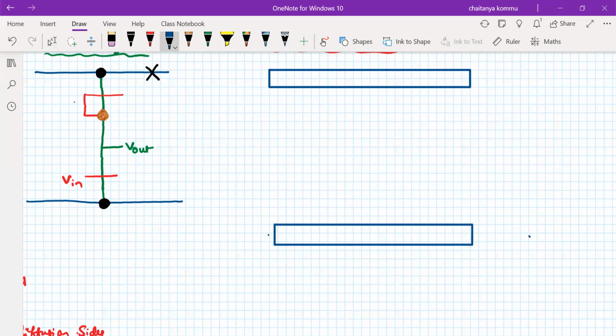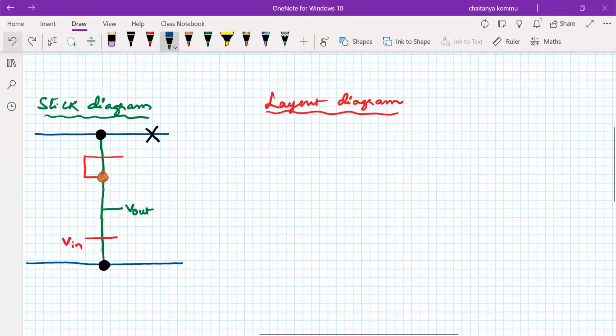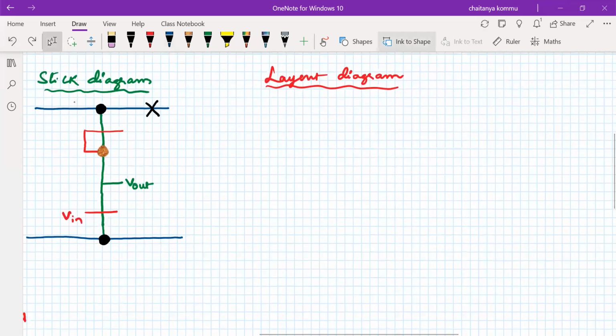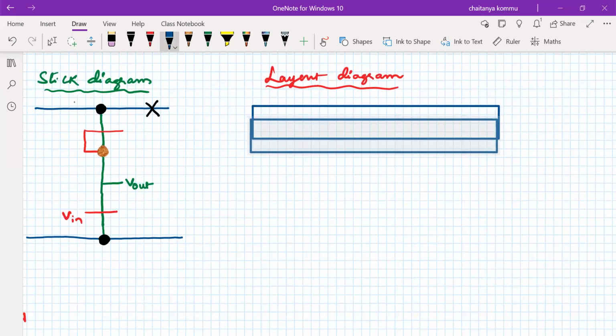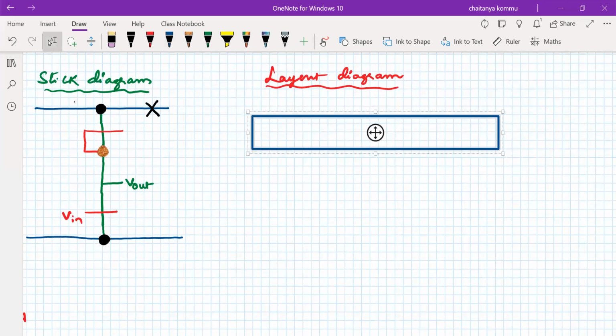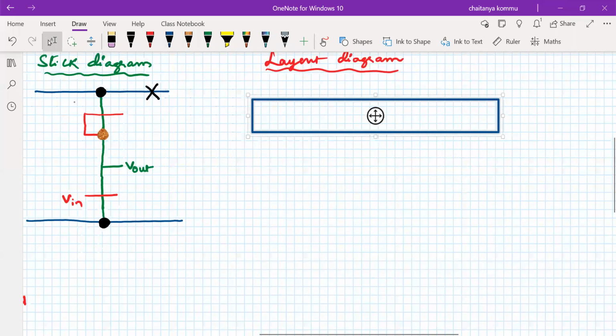Okay, so this is the 3 lambda by 3 lambda. I think it cannot be 3 lambda by 3 lambda, but I want to show it in a more detailed manner. So I hope this could be 3 lambda. So 1, 2, 3. Okay, let it be like 3 lambda.